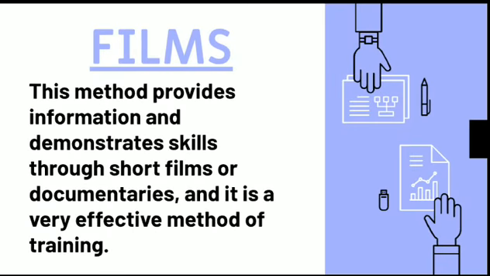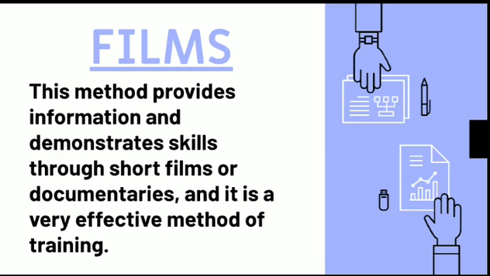Next one is films. This method provides information and demonstrates skills through short films or documentaries, and it is a very effective method of training. It is used to demonstrate skills that cannot easily be represented by other techniques.